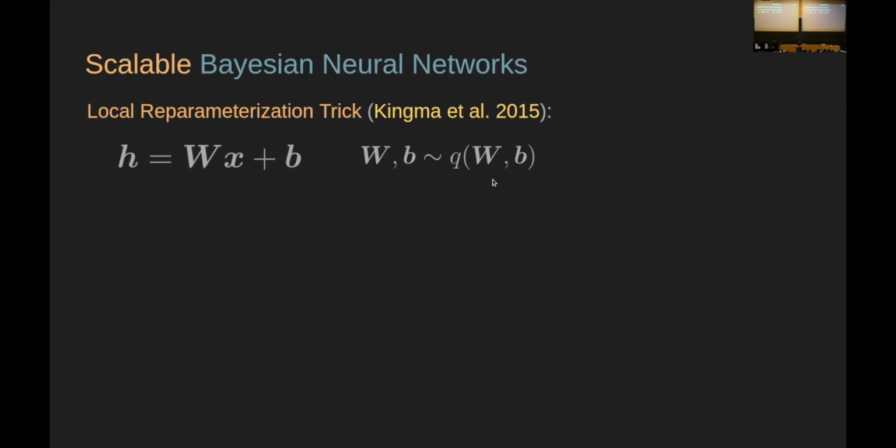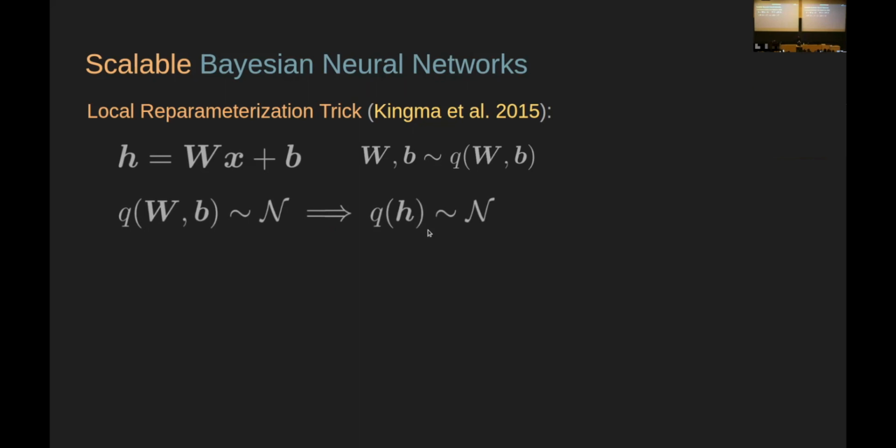You sample from those, and then you compute the activations or the output from the input X. And what it says is that if this has a Gaussian distribution, which it does in the mean field case, then you can directly compute the distribution on the activations H, which will also be a Gaussian.